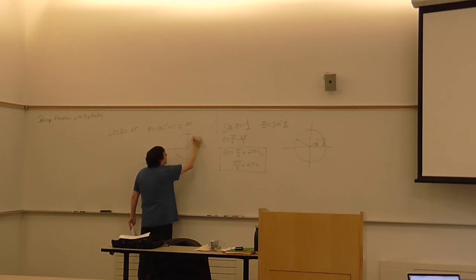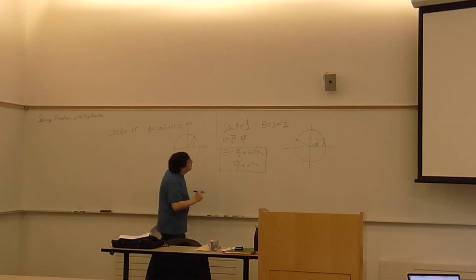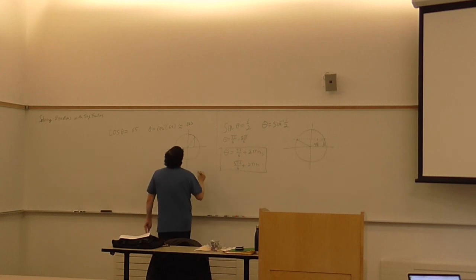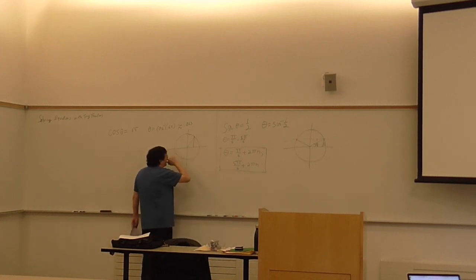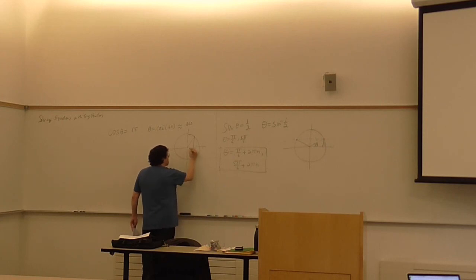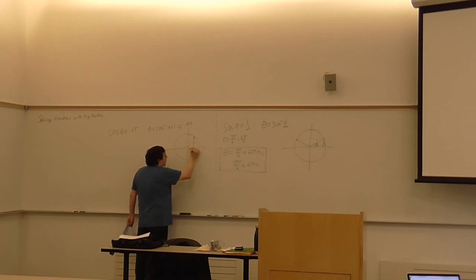I'm just going to draw an approximation here, so we know that the cosine here is 0.863. But since the cosine is the x-coordinate, we know there's going to be another value down here.